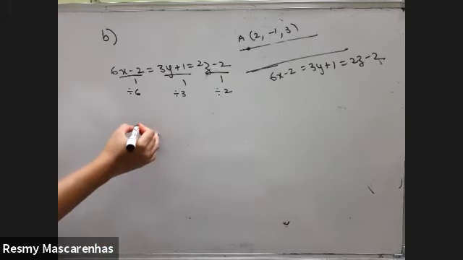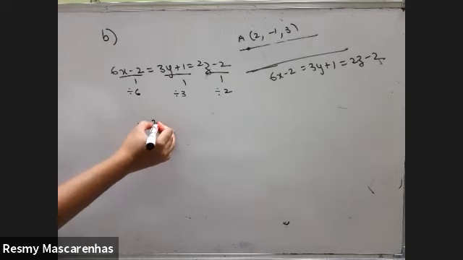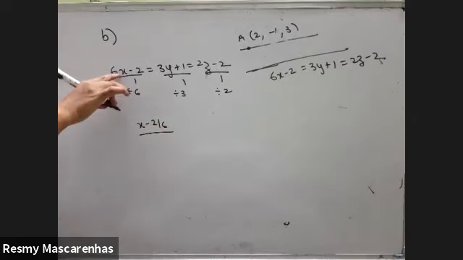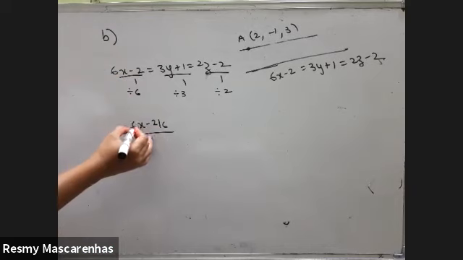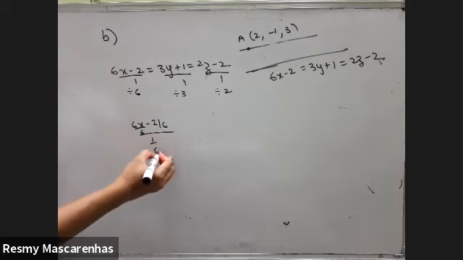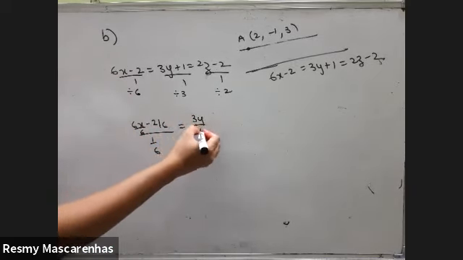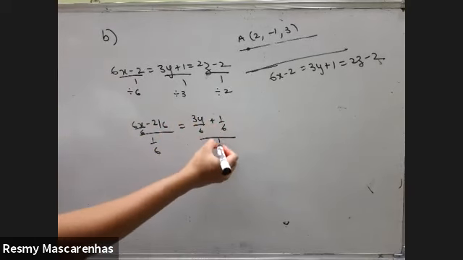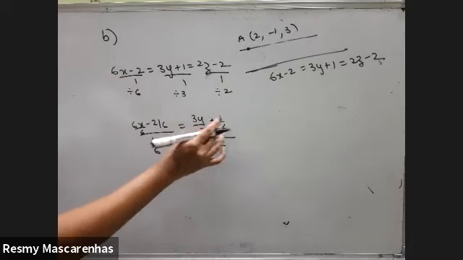Okay, so this will become 6x upon 6. Anyways, for the first time I'm showing, it will look like this. Later on I will be directly writing the answer. This is upon 3.